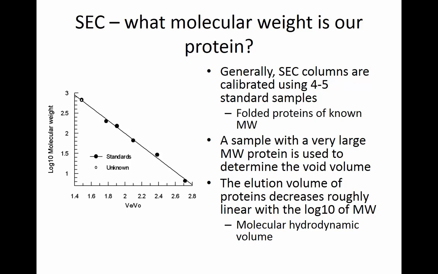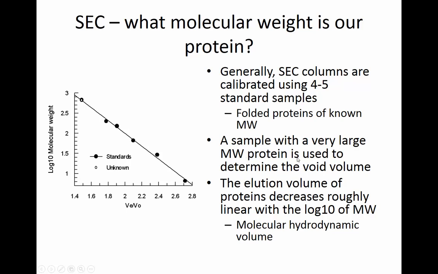So a sample with a very large molecular weight protein would be used to determine what we call the void volume. Basically that very large molecular weight protein is going to take the easy way through. It's just going to go through what we call the void, or that area in the column that isn't taken up by the stationary phase.